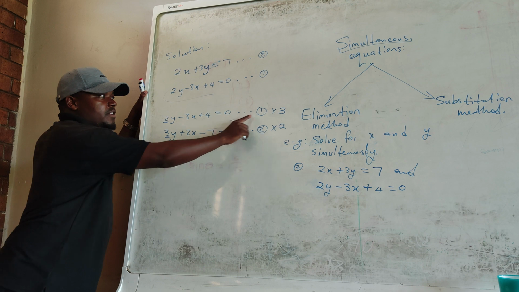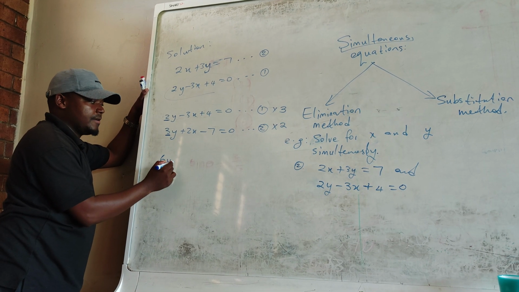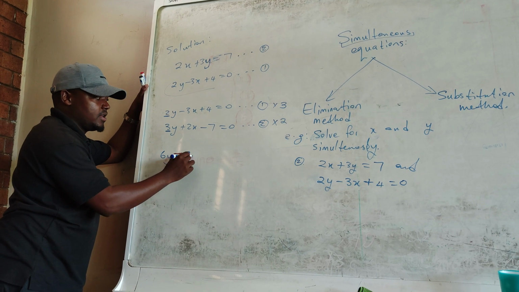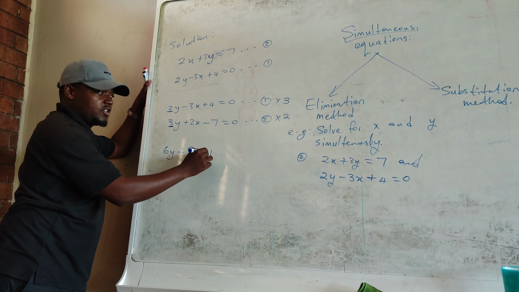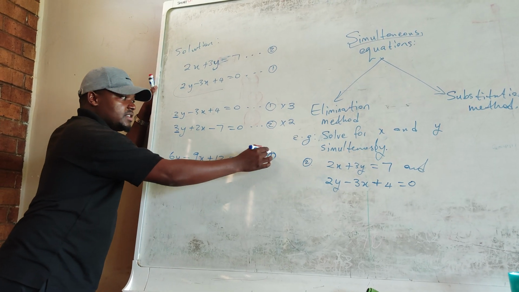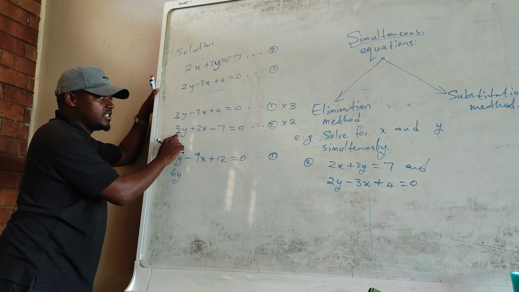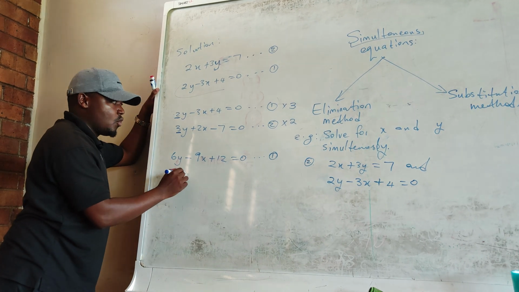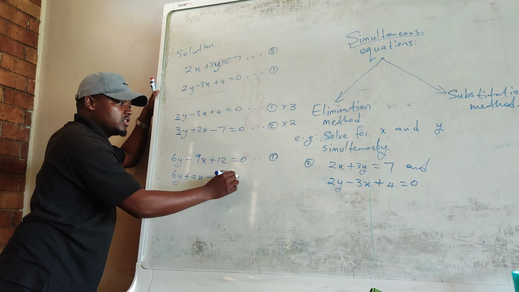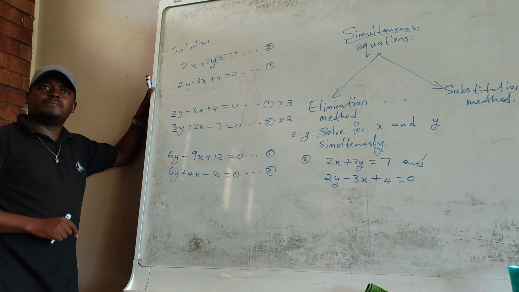So if I multiply everything by 3, what becomes the answer here? 6y minus 9x plus 12 equals to 0. This is still my equation 1, but it is new. And then here, 6y, because it's 3 times 2. 6y plus 4x minus 14 equals to 0. Equation 2. Now, is it eliminatable?